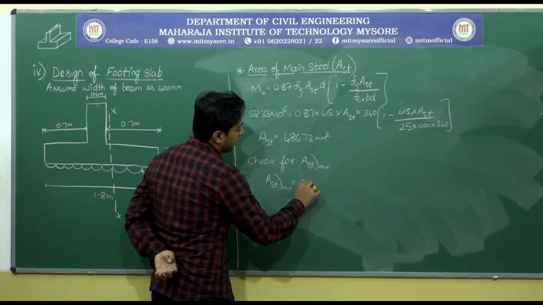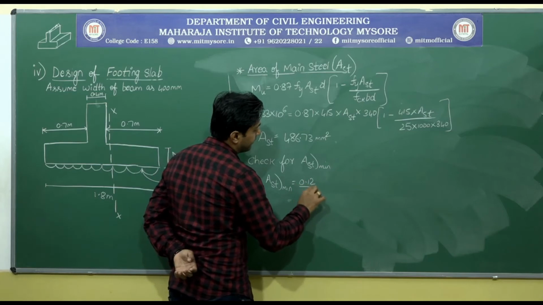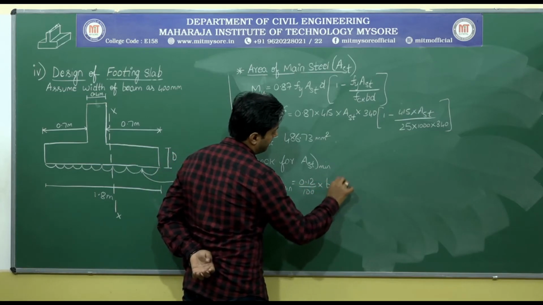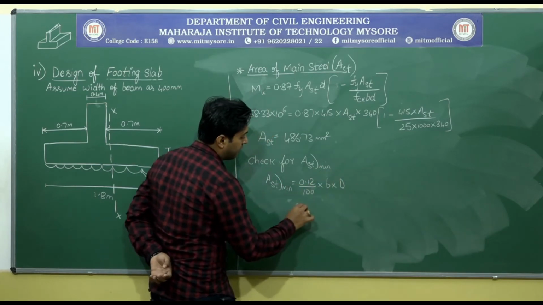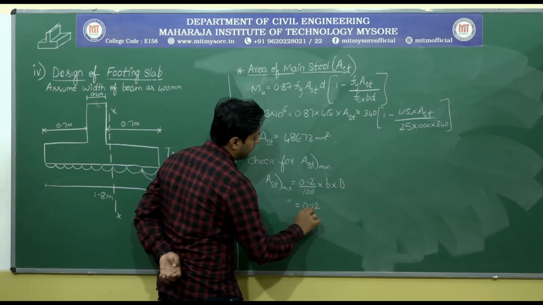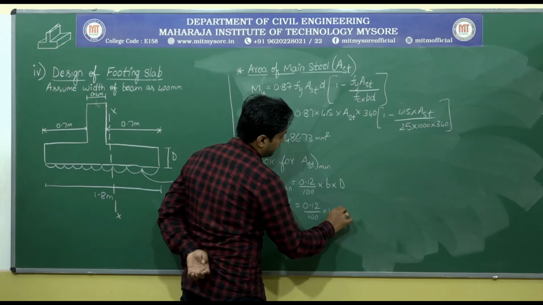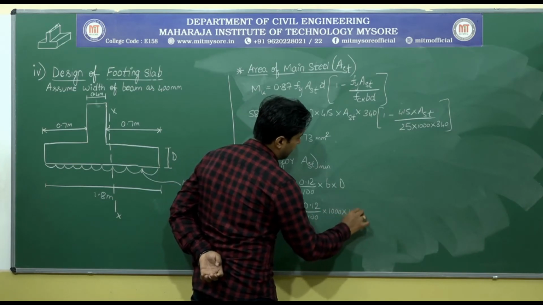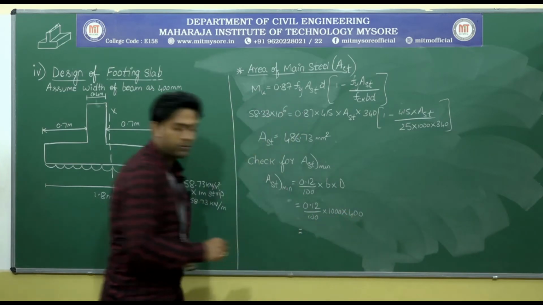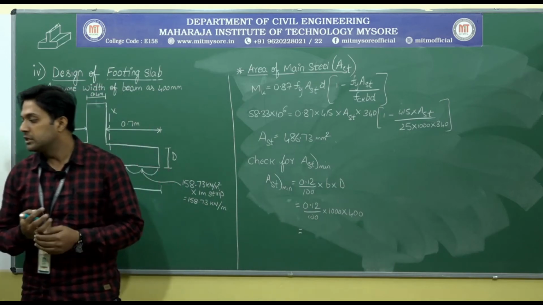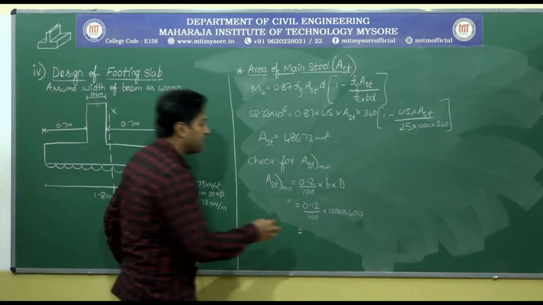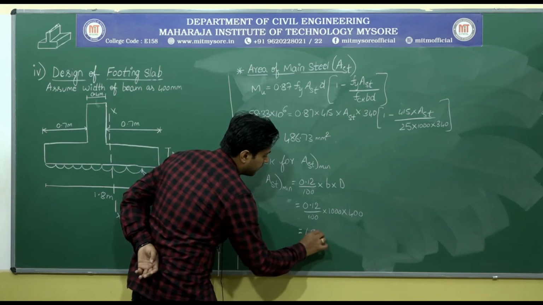So it's 0.12% of gross area. It's 0.12 by 100 into breadth is 1000 into overall depth is 400. So what is the value that we get for that? So it's 480 mm square. It's in a close range.